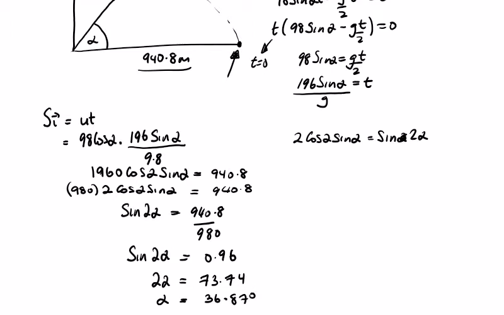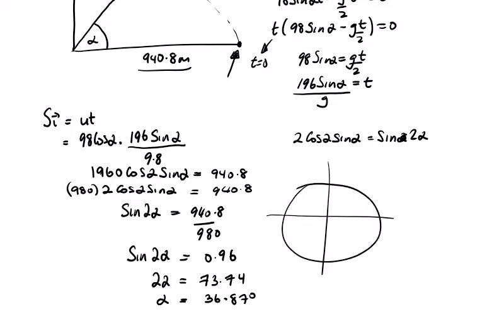Now where else am I going to get an angle like this? So if I draw an angle here, we know all positive, sine positive, so it's in here, we're looking for an angle in this sector, the angle has to be the same size as this one, 73.74 degrees.